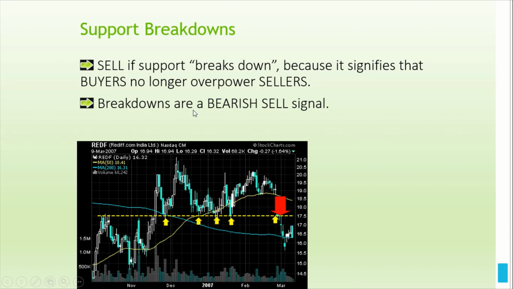So, breakdowns are actually a bearish sell signal. Okay? Kasi nga naman, if 452 mo siya nabili, di ba? If 452 mo siya nabili, you would want to sell that at 452 because you are already anticipating na magkakaroon na ng reversal of prices.